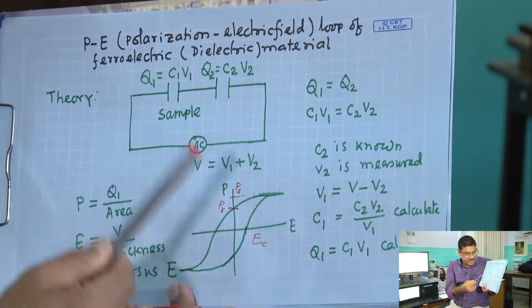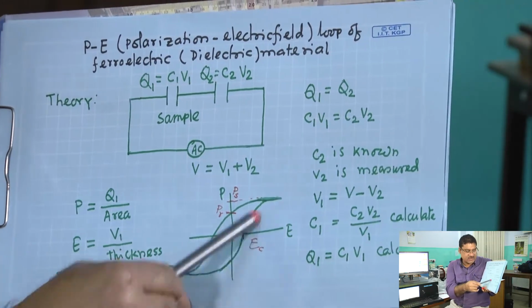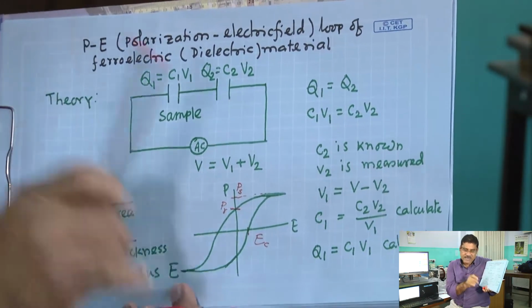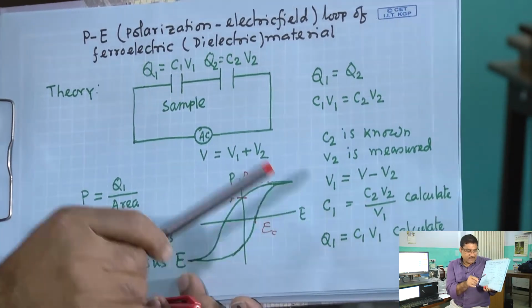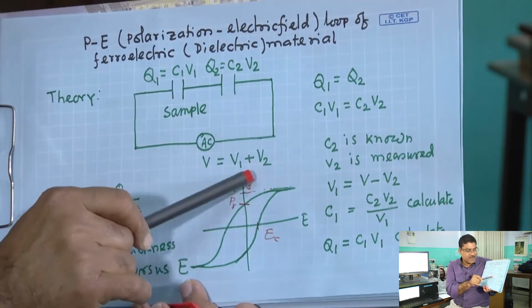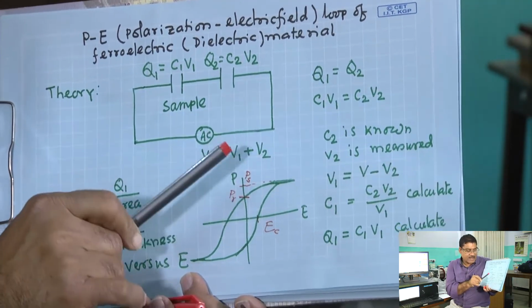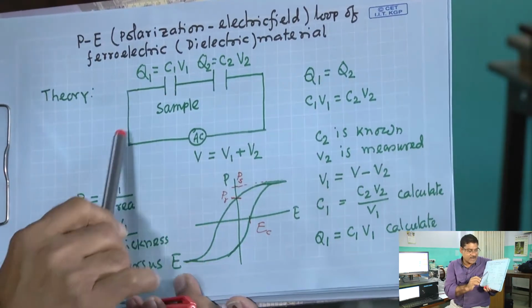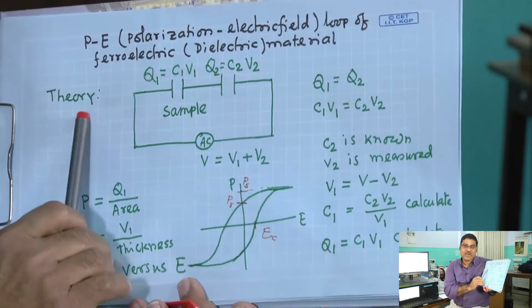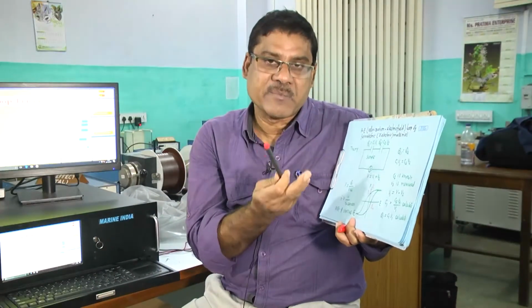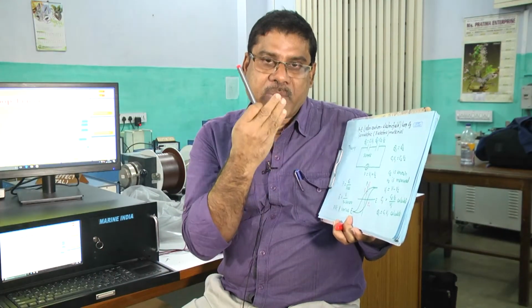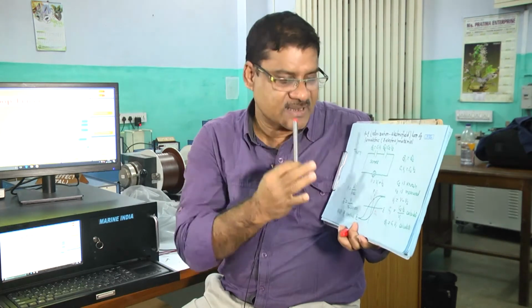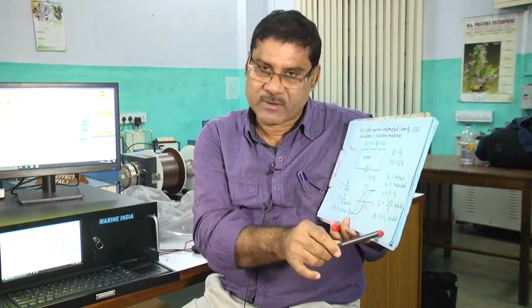Every time we have to take this hysteresis loop for each temperature, and from there one can find out PS, and that PS can be plotted as a function of temperature. Then one can find out the transition temperature of the ferroelectric to paraelectric phase transition.